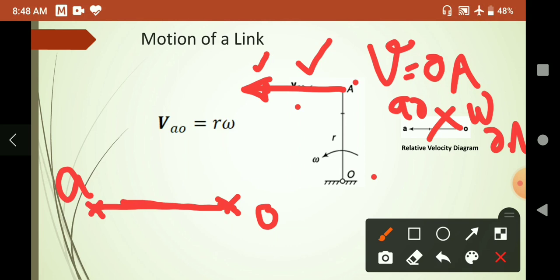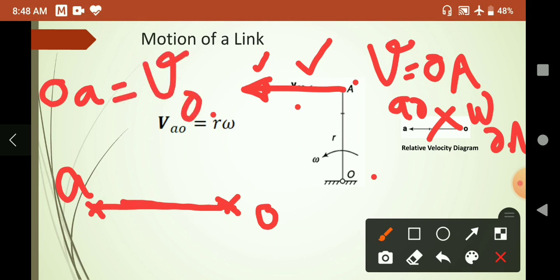So the length oa is the magnitude of the velocity of A relative to O. So this is the idea.